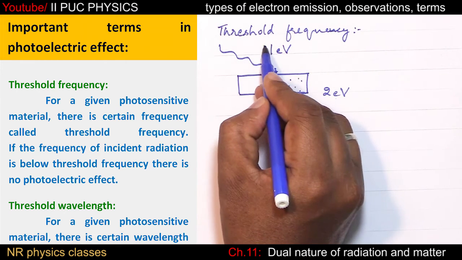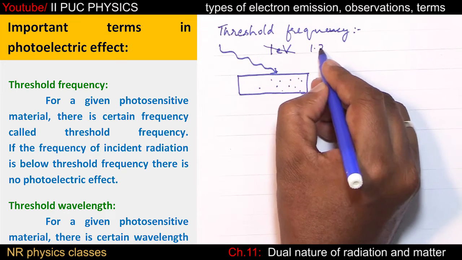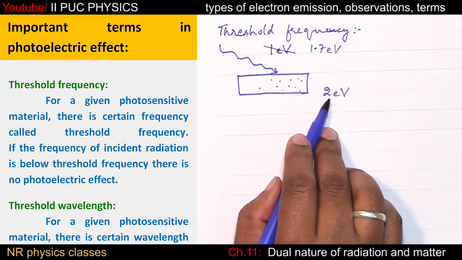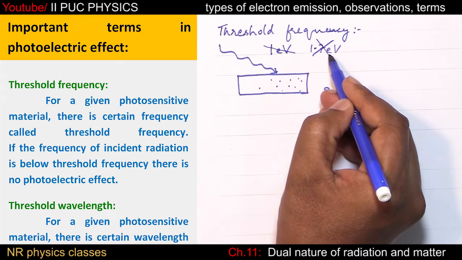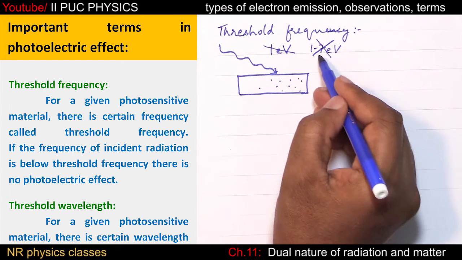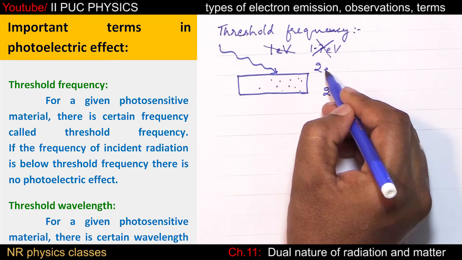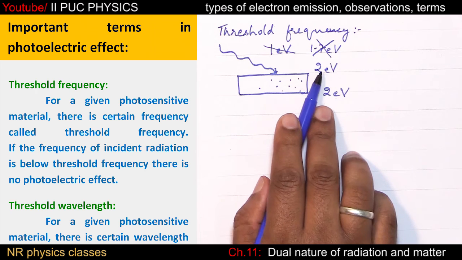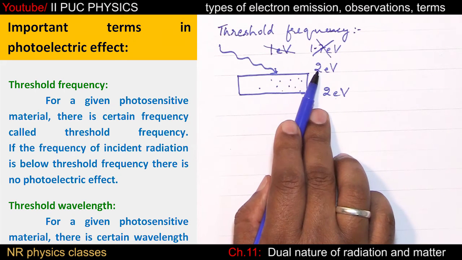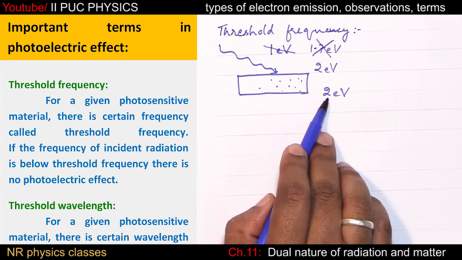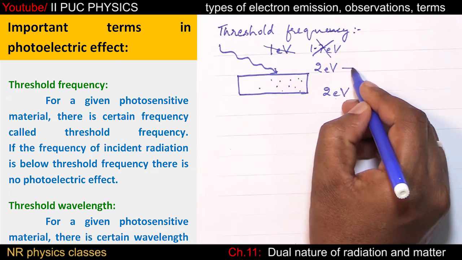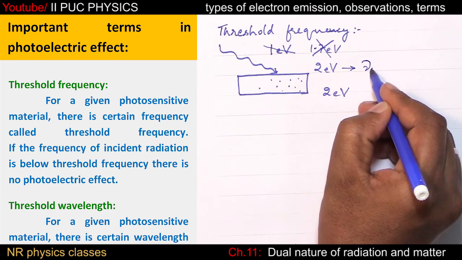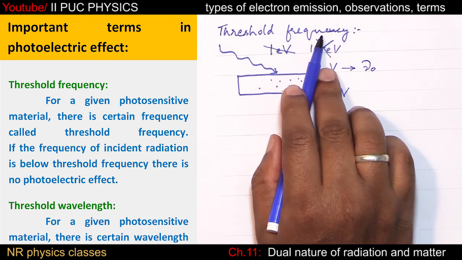Increase the energy of the incident radiation to 1.7 eV. Again, 1.7 is less than 2. Therefore, this energy is not sufficient to remove an electron. Increase this energy to 2 eV. See, the minimum energy required is 2 eV, and the energy supplied is also 2 eV. Therefore, this supplied energy is sufficient to remove an electron. And the frequency corresponding to this energy is represented by nu naught, called threshold frequency.